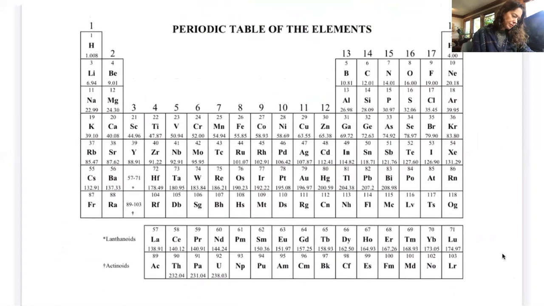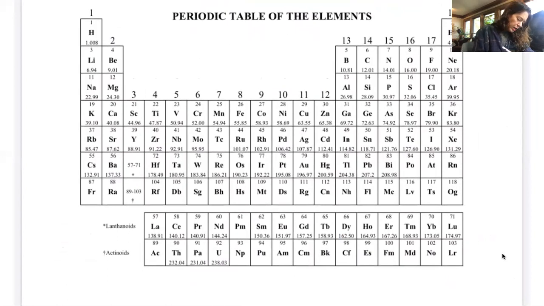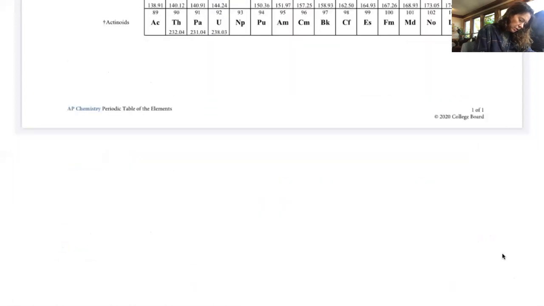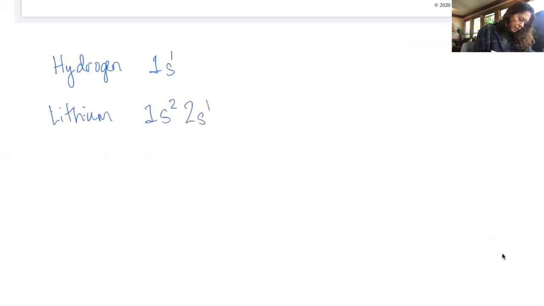Now, I'm going to do several things. Let's look at hydrogen. 1s1. Lithium. 1s2, 2s1. Sodium. 1s2, 2s2, 2p6, 3s1.